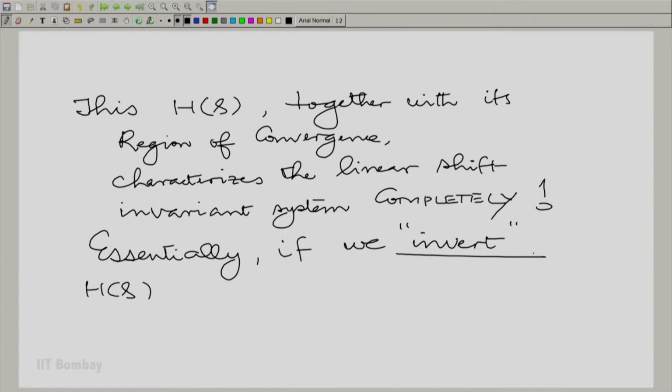We have just been going one way by and large, from the signal to its Laplace transform or from the signal to its Z transform. We have not really talked about how you would invert it. We will do it once we realize why we should be doing it.